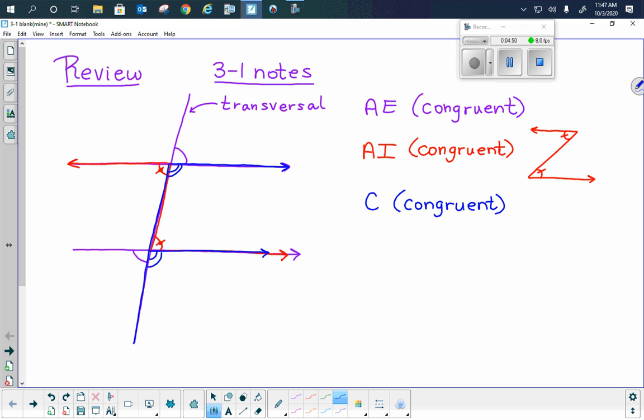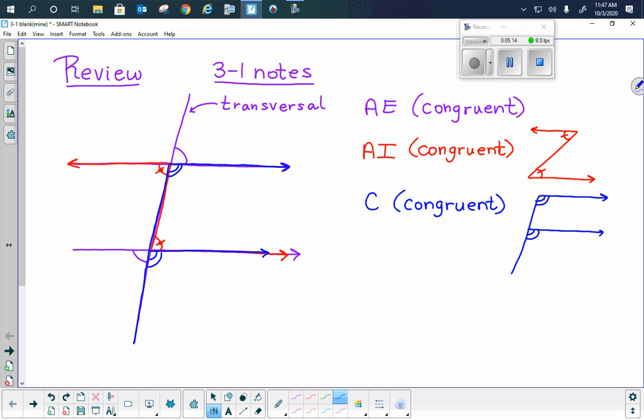Okay, but notice again where I put the arrows while I was drawing that. Okay, so if these 2 parts of the F are parallel to each other, the two that have the arrows, then you should know that this angle and this angle are corresponding and therefore congruent. But again, you got to look for those parallel lines.